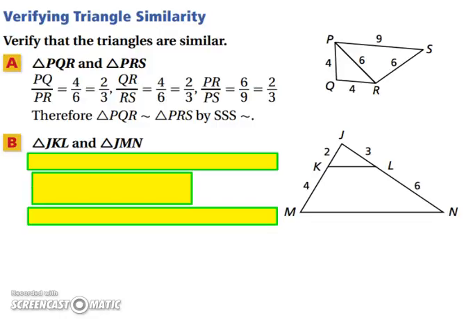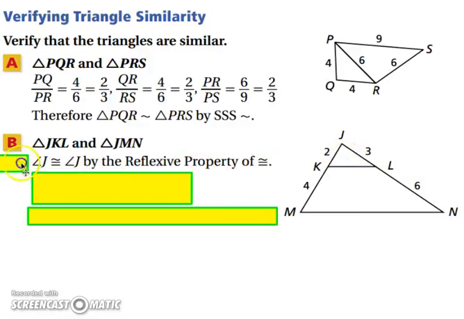Let's look at this next one. We have triangle JKL and triangle JMN. Well, we can see that J is a common angle in both of these triangles. Therefore, it has to be congruent by the reflexive property of congruence. Now let's look at a couple sets of sides. Keep in mind that one triangle has sides 2 and 3, and the other one is not 4, but 6 and 9, because it's the entire triangle, not the trapezoid on the bottom.